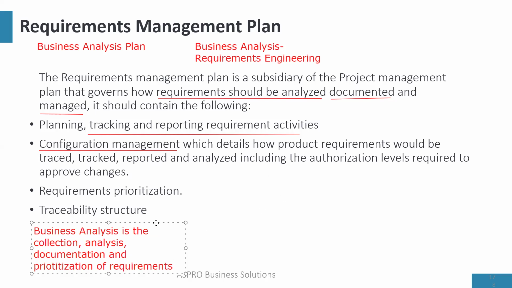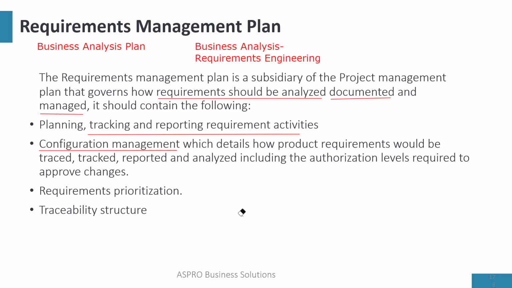So it's the collection, analysis, documentation, prioritization of requirements in order to meet business needs, right? So that's one definition that I really loved, and that's what we're seeing here. So you can see requirements prioritization. Traceability means we can track the requirements. We can know where the requirements are coming from.